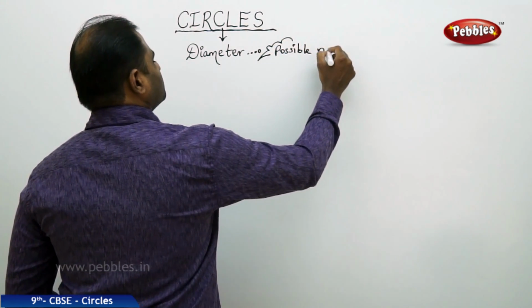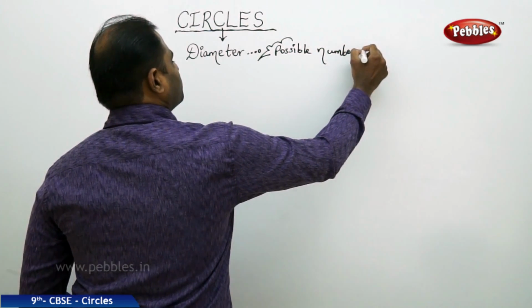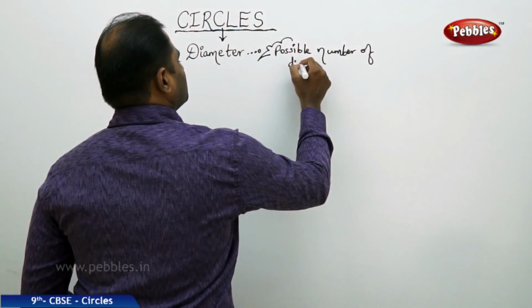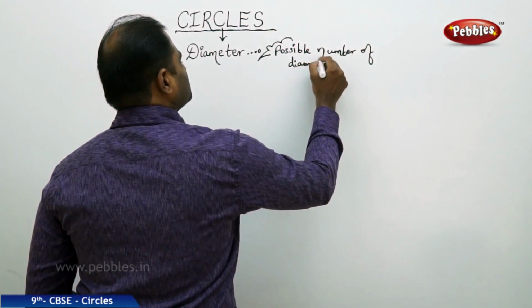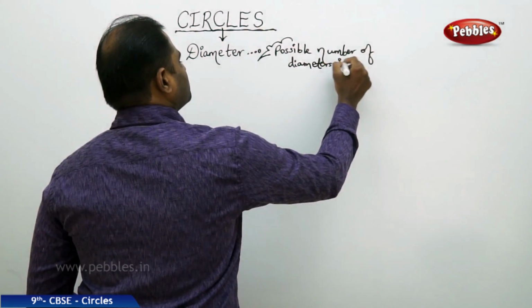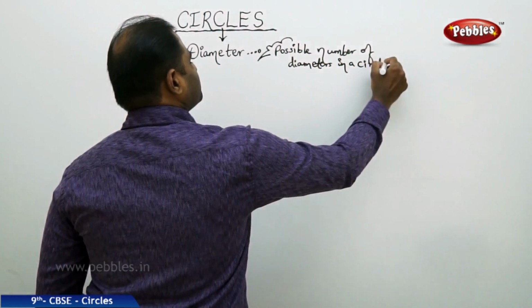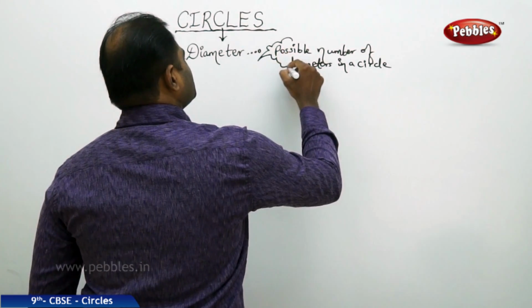Possible number of diameters in a circle.